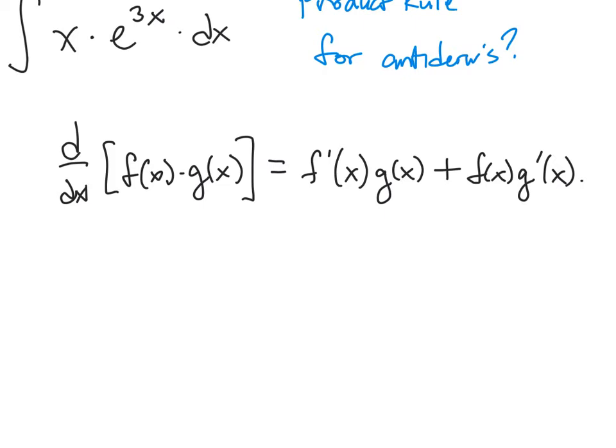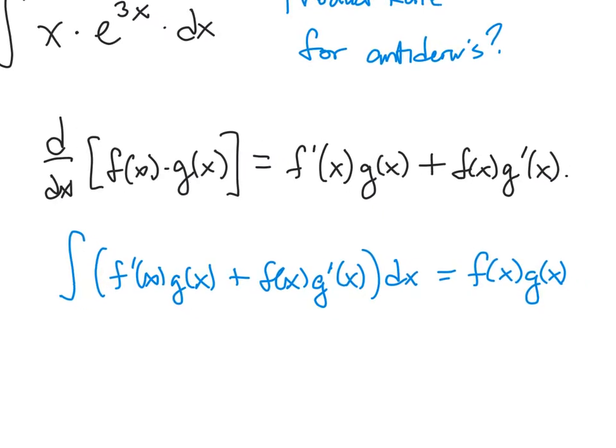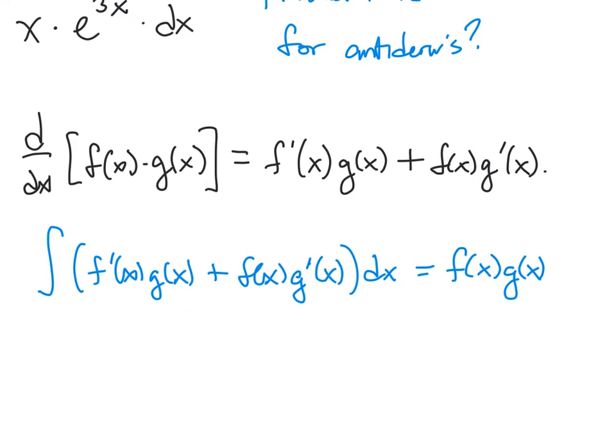In other words, the integral of f prime of x g of x plus f of x times g prime of x, the antiderivative of all of that with respect to x, is f of x times g of x plus c. And that's going to be the basis for the integration strategy that I'm about to talk about here.